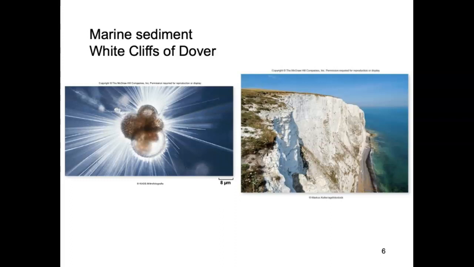Millions of years of these things dying and packing together and building up have led to the formation of these white cliffs. Okay, so imagine how many microscopic organisms it took to build a cliff hundreds of feet tall and give it that white appearance.